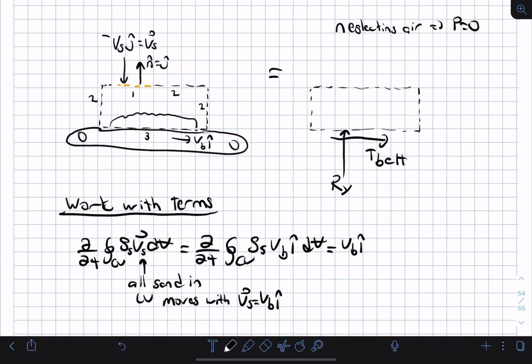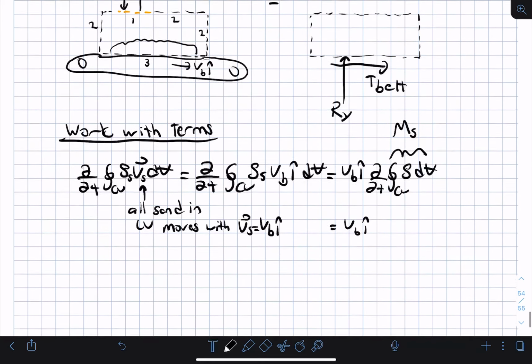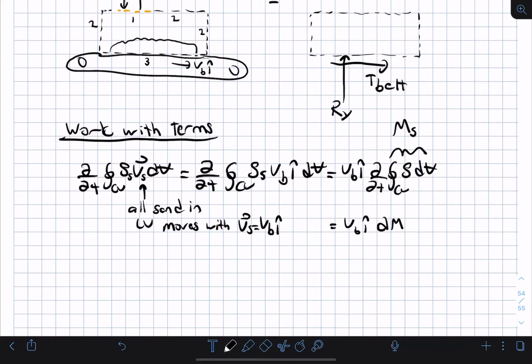Vb i hat times partial t of the volume integral of rho dV. Well, again, this is just the mass of the sand, ms, and so this equals Vb i hat times dms/dt, and we found from conservation of mass that this is equal to m dot of the sand.